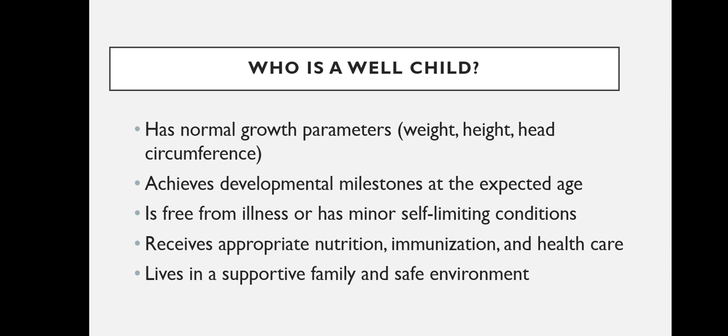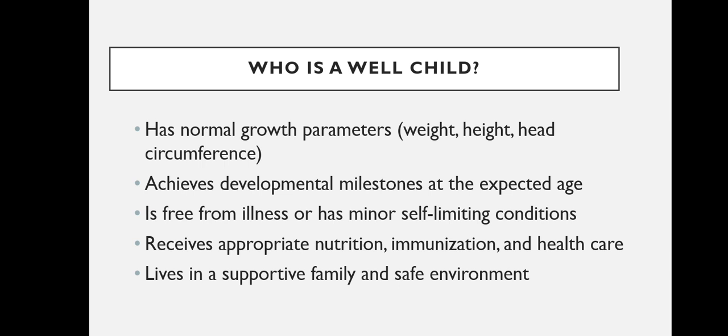Have they received the vaccines at their appropriate age? For each and every child, they need to receive all their vaccines before they celebrate their second birthday. That is how the immunization schedule for Zambia is being set.